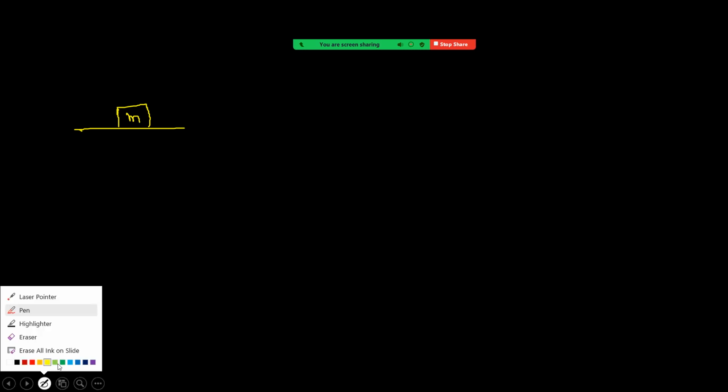Initially the block was at rest, before applying the force. When we apply the force, the block moves. That means now the block has speed, so we can say the block has gained kinetic energy.